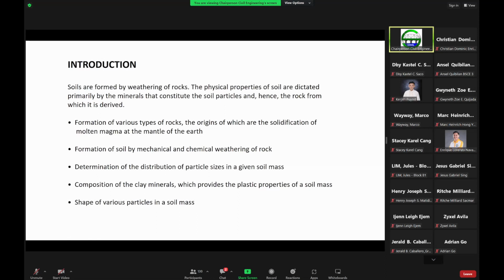This plasticity is actually derived from the clay minerals from which these clay particles are derived. We also need to understand the shape of various particles in a soil mass. These things we will discuss one by one.